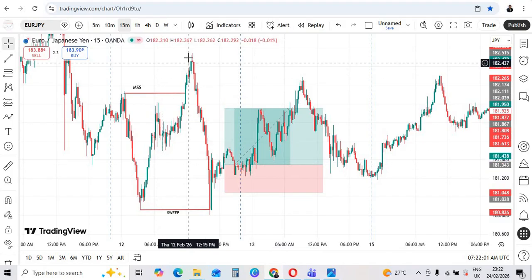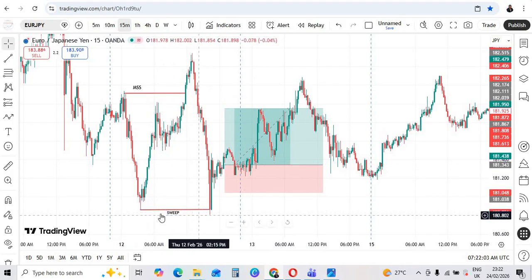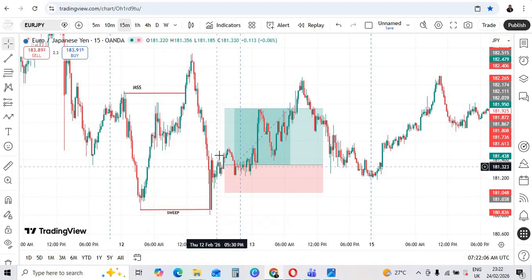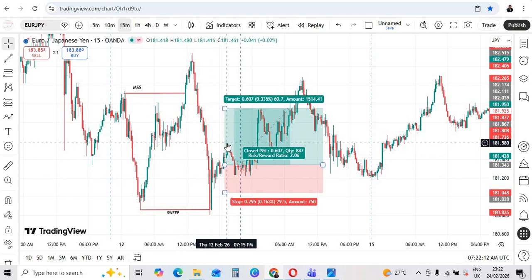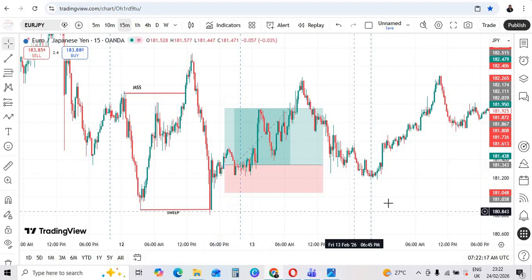After I saw this break, and I also saw this sweep of this last low, then I paid more attention. I was looking at okay, what is going to happen next. Now immediately I saw this impulse and price starts coming back as a correctional movement.